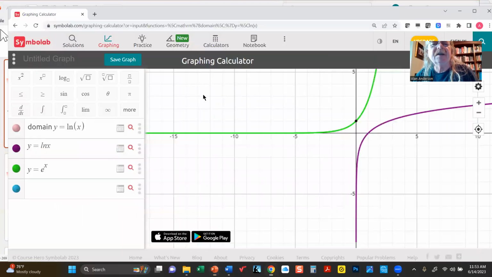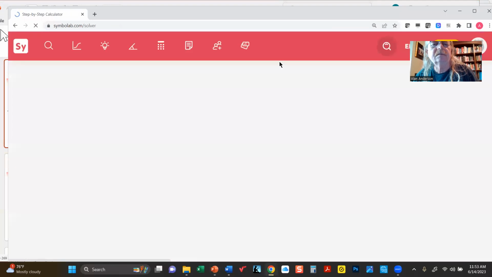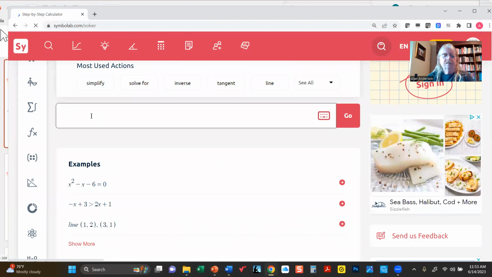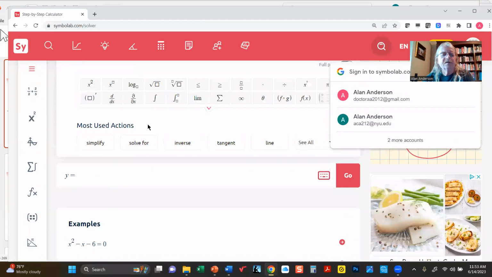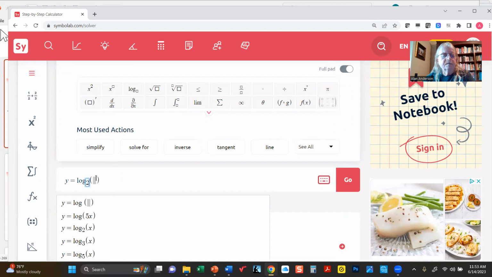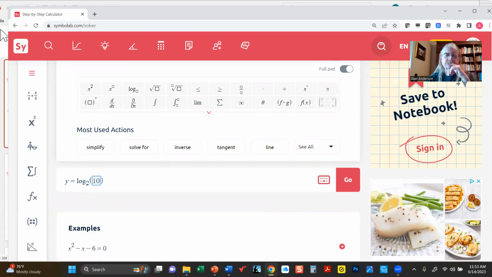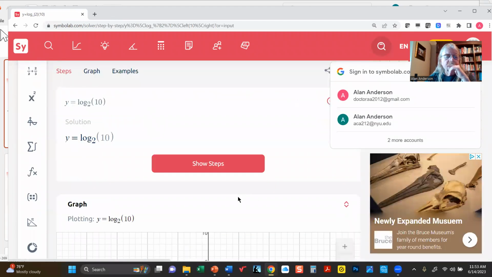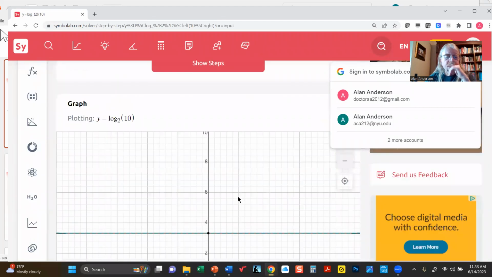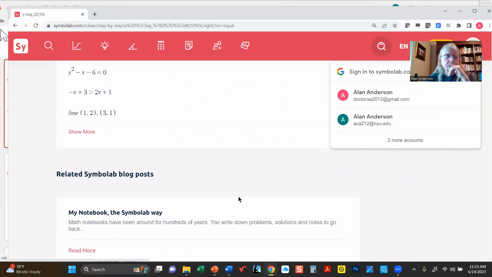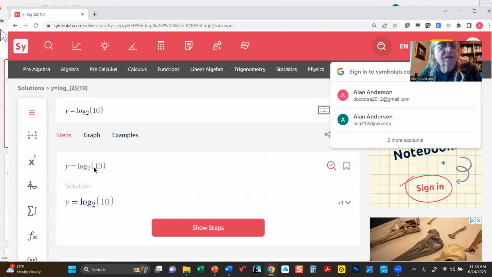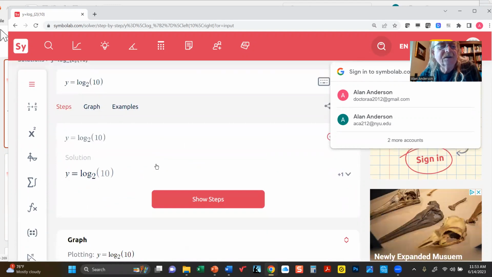Now, I'm sure that Symbol app doesn't need to do any of this. Here we go. What did I say? Log base 2 of 10. Oh, I think it's confused. It doesn't understand that I want the numerical value.